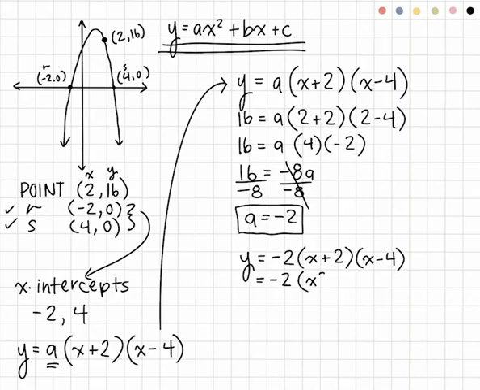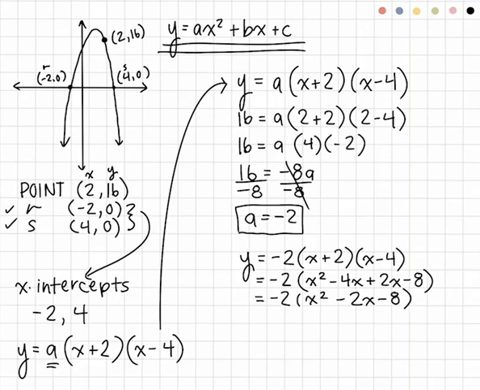It's going to give me x squared minus 4x plus 2x minus 8, which is x squared minus 2x minus 8.